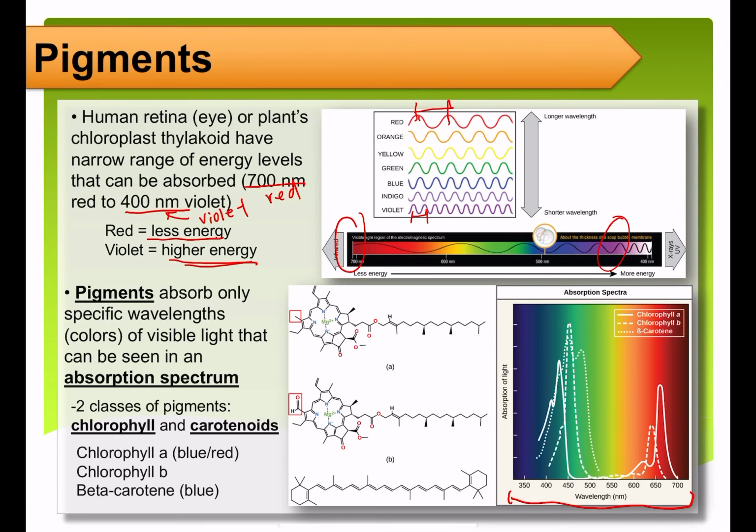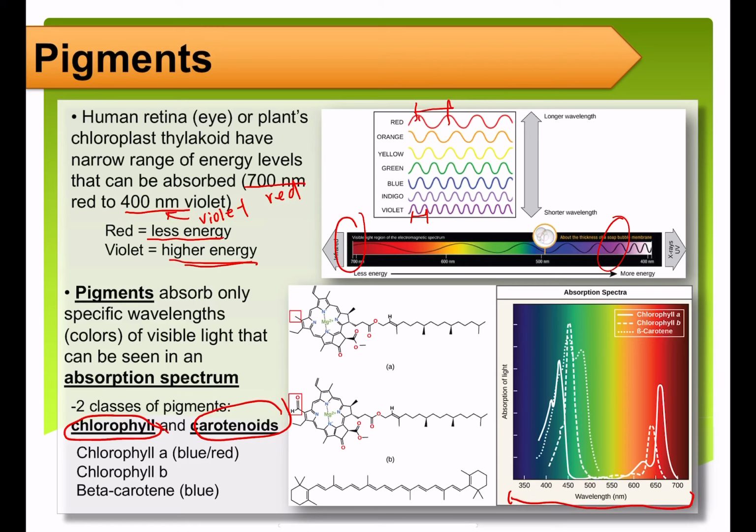Now, there are two main classes of photosynthetic pigments. One is called chlorophyll, and the other is called the carotenoids. Carotenoids sounds kind of like carrots, okay? So in lab exercise this week, you will see these different pigments in different colors.